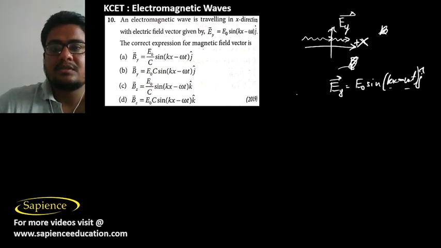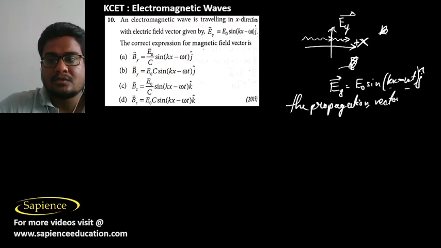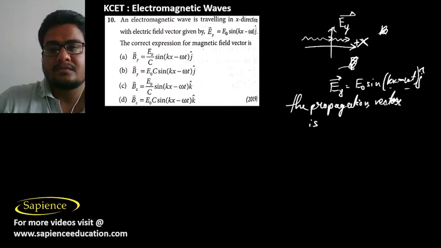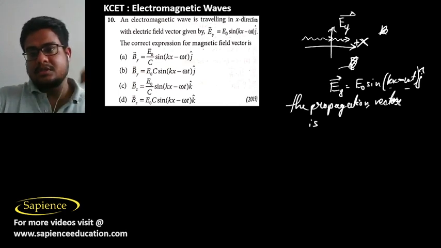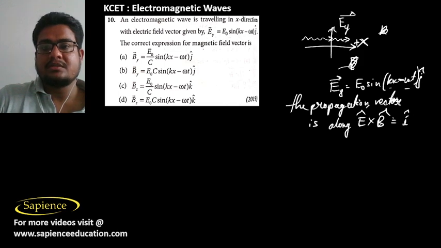That means here the propagation vector, the unit vector along the propagation, is always along E cap cross B cap, and which is equal to I cap in this case.